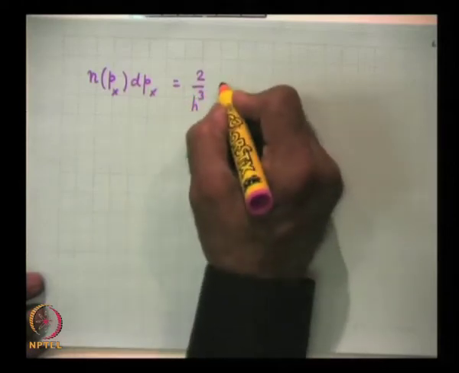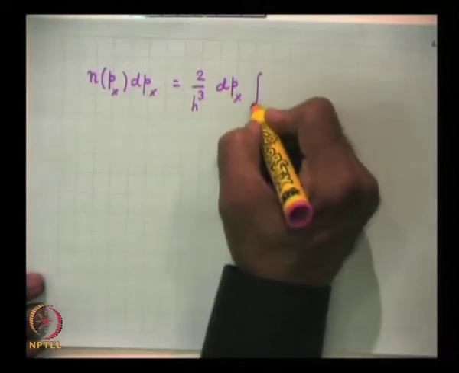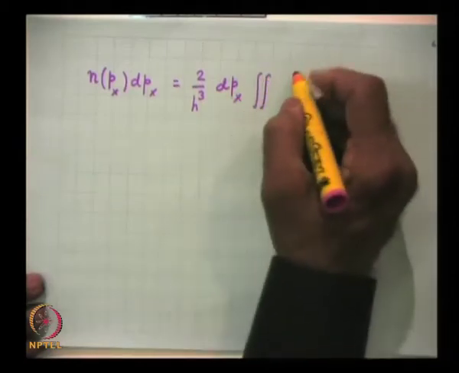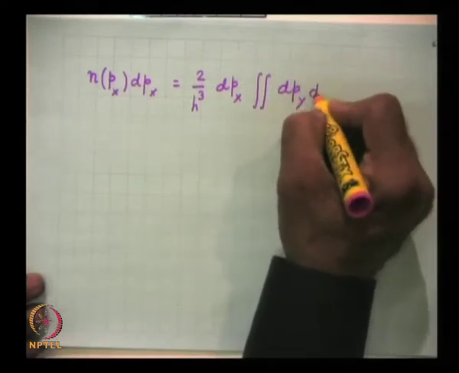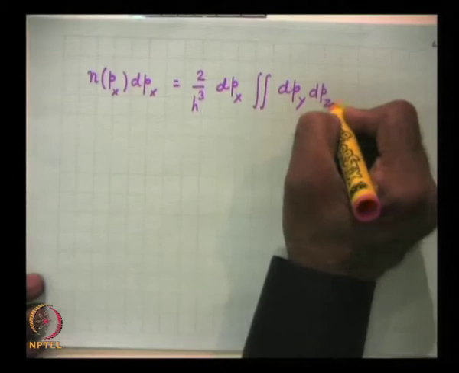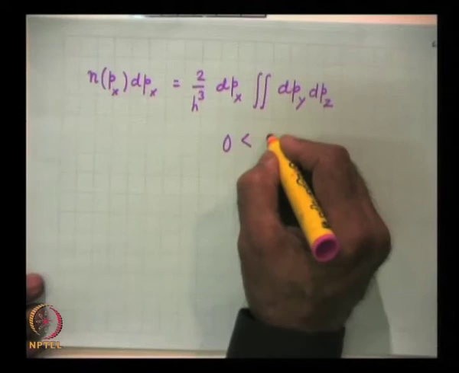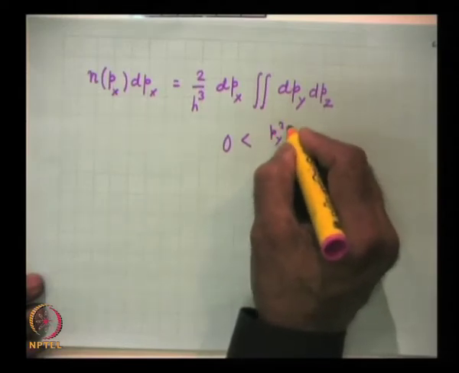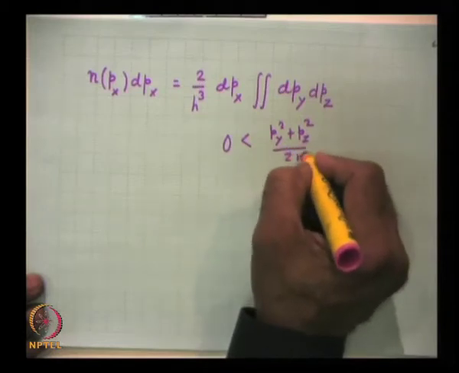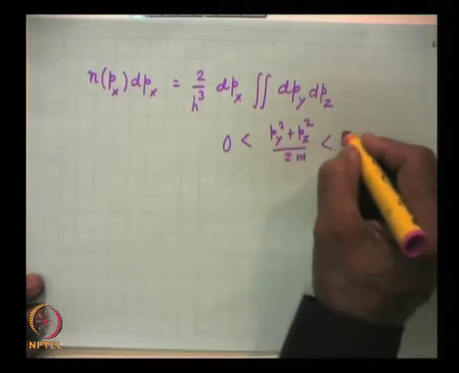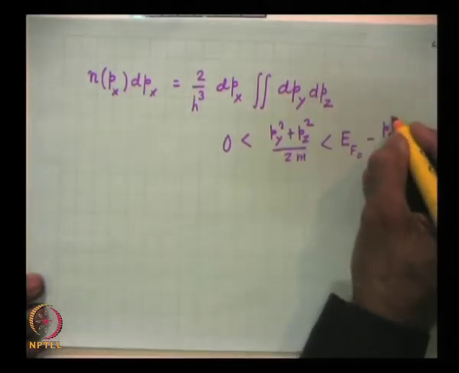This is just a simple phase space calculation: d p x times the integral of d p y d p z, and this integral is calculated such that p y square plus p z square by 2 m is less than E f naught minus p x square by 2 m.